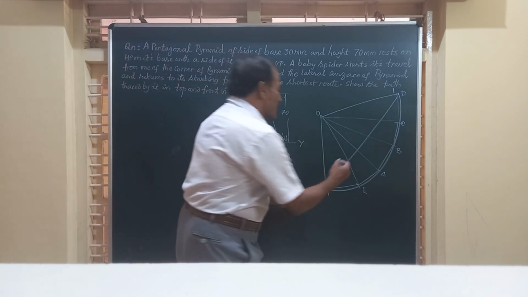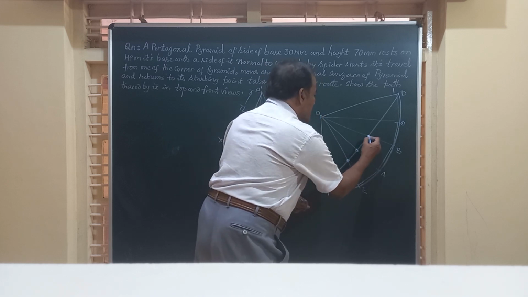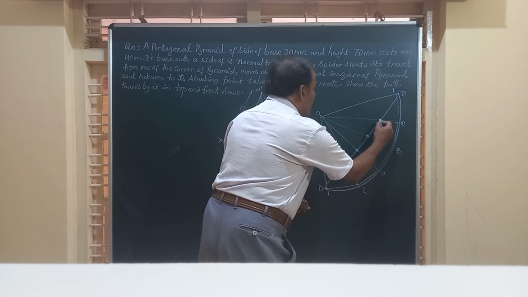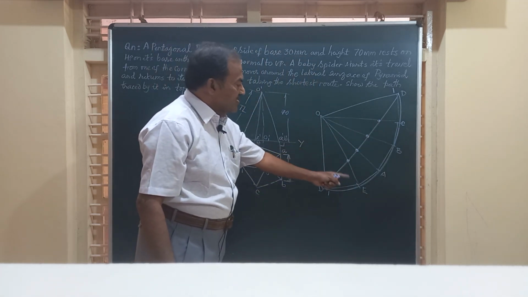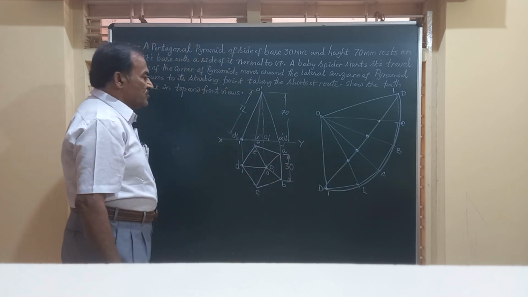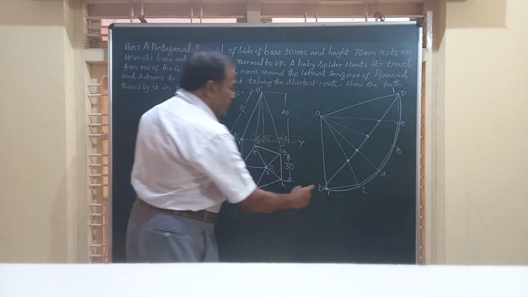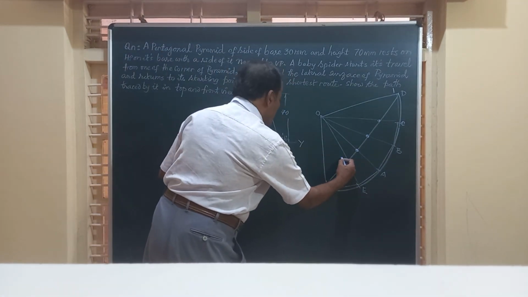Now we have to transfer all these points where the path of the spider is touched by these slant edges. So, friends, while moving from point 1, say this point 2 is on OE.